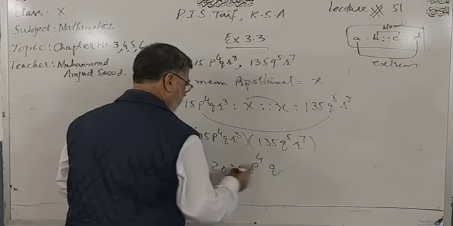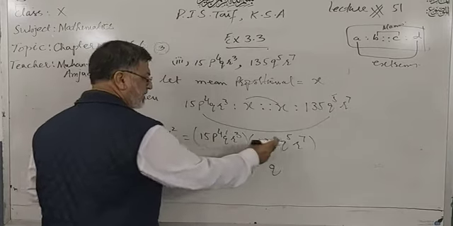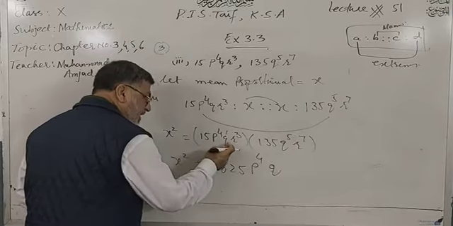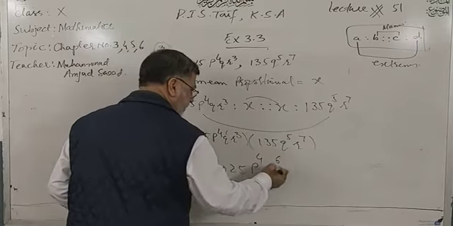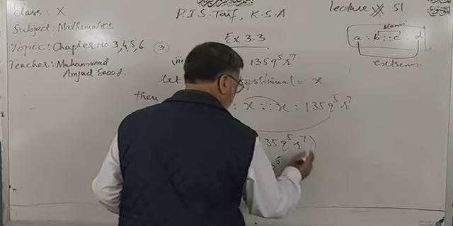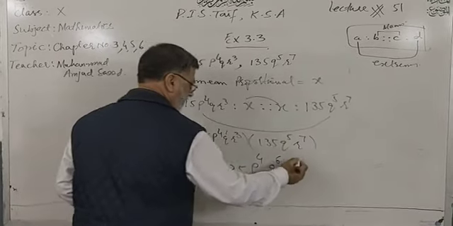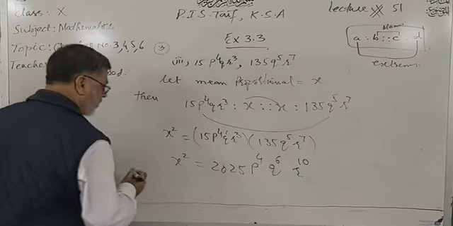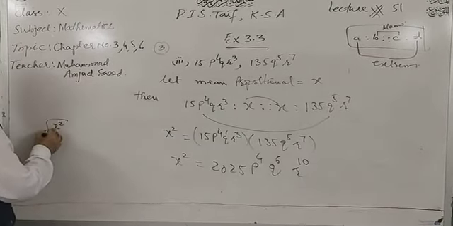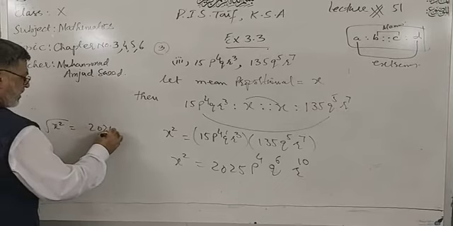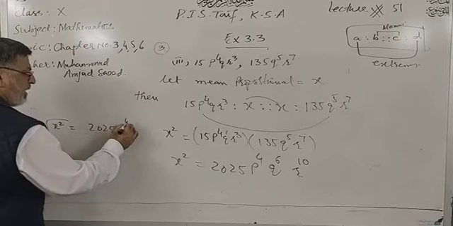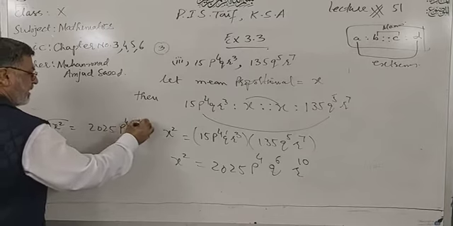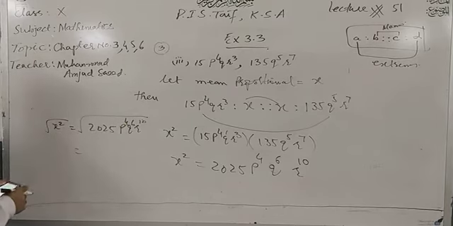Then Q is, this is Q1 and this is Q5. If the bases are same, powers are added. So Q6 and R7 and R3 here are R10. So x square is equal to 2025 P4 Q6 R10, and we take the square root on both sides.